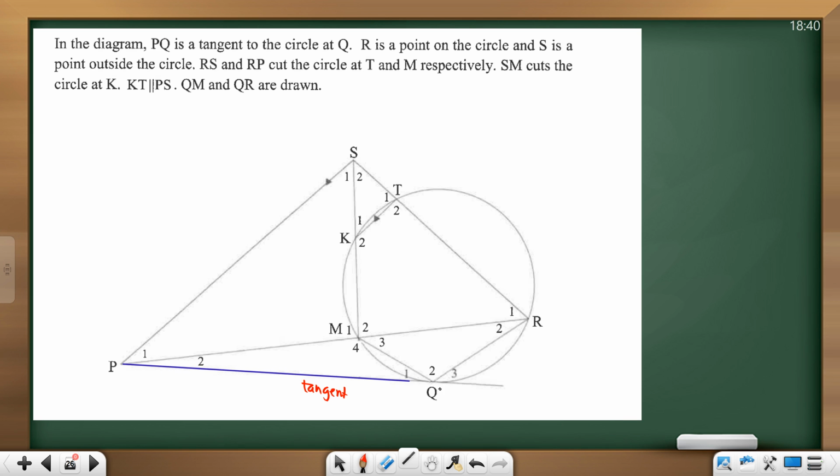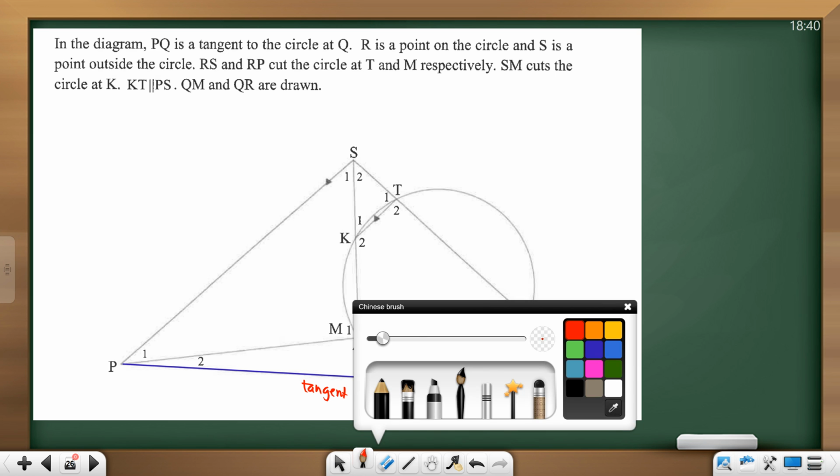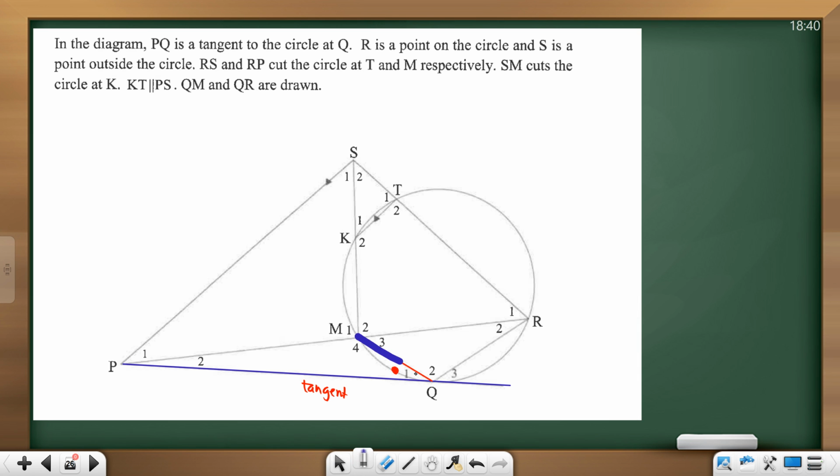If that is a tangent, I already see that there is a chord there. I'll use color codes. So if that is red, Q1 is red, which chord am I looking at? I'm looking at this chord, right? What do I need to do?